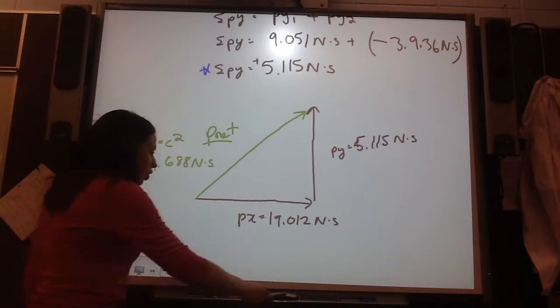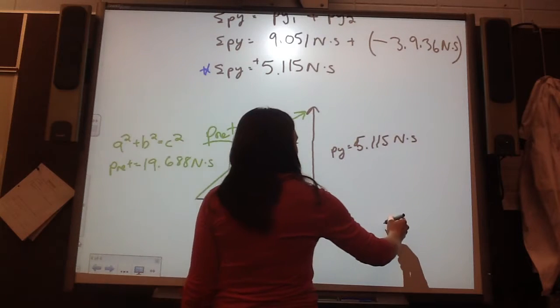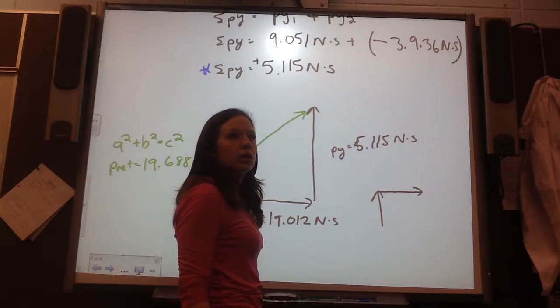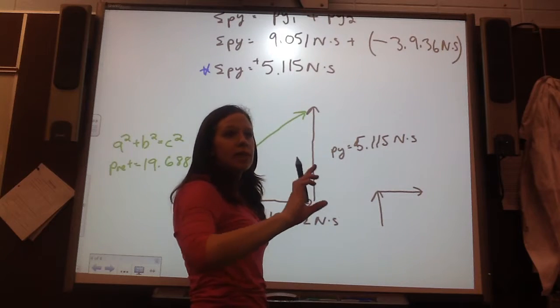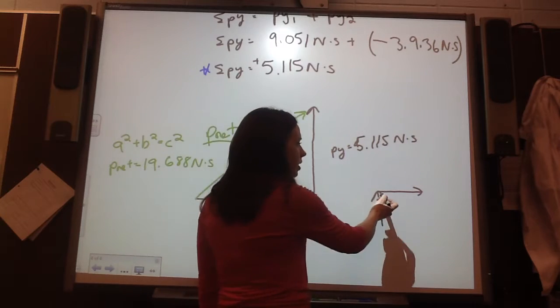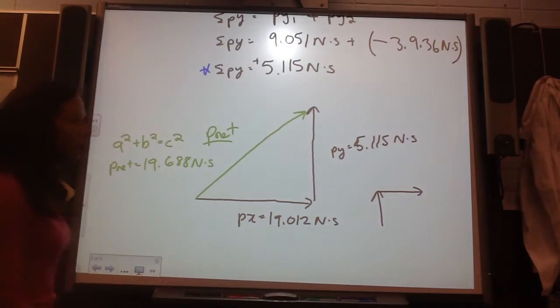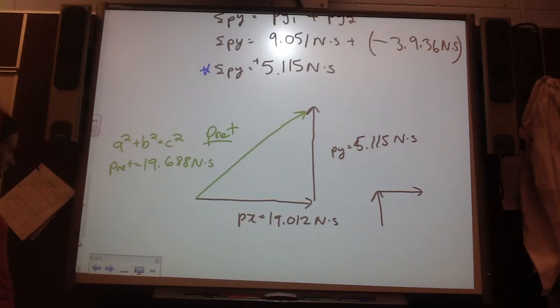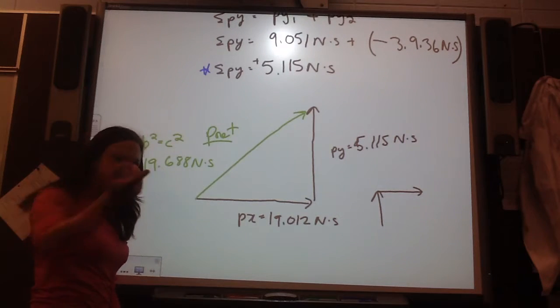If you did your triangle like this, that's fine too. Yeah, but it will be the same angle, just the flipped direction. Yeah, it's fine. As long as it's tip to tail. Yeah, both are fine. Okay, so that's our p net, but we were looking for velocity.